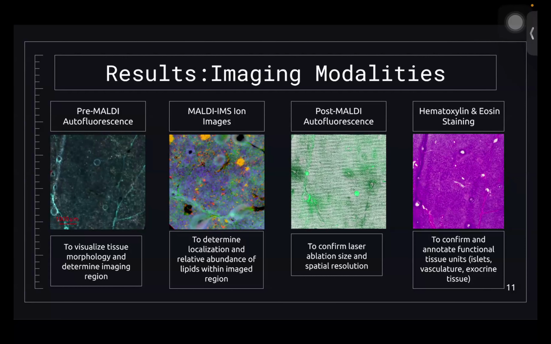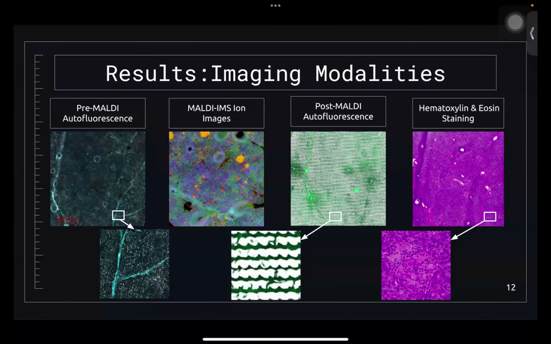So I'm just going to show you pictures to kind of explain what it is I was looking for with this. So with the first image, it helps identify like all the units and just gives you a rough idea of where you'd want to image. And then with the post-MALDI autofluorescence, you can see like these white spots in a row, in a grid pattern.